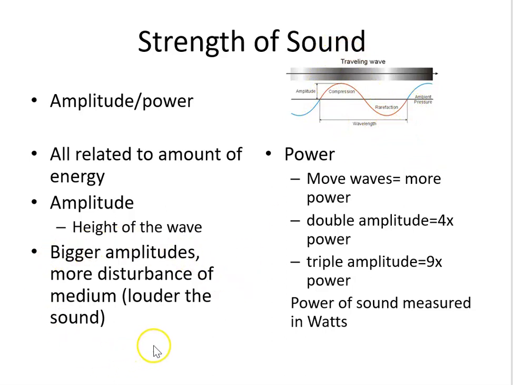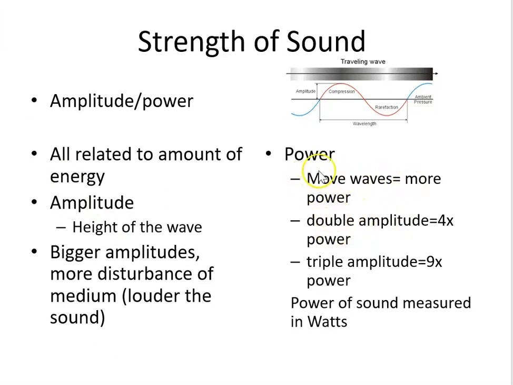And if you've got a large amplitude, you've got more energy, you can disturb more of the medium, so you effectively get a louder sound. And that might be necessary to get sufficient echo to be able to actually detect what we're looking for, particularly in deeper tissues.